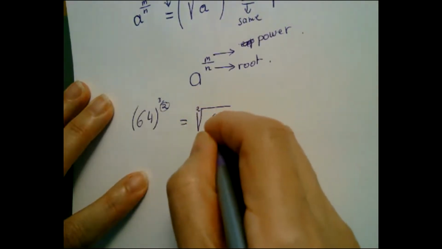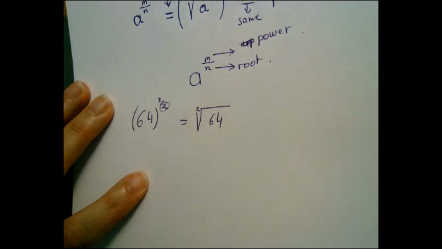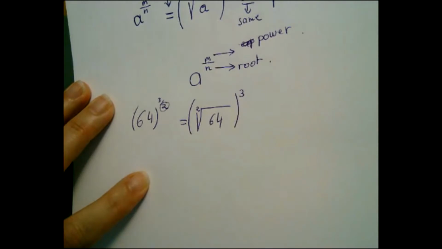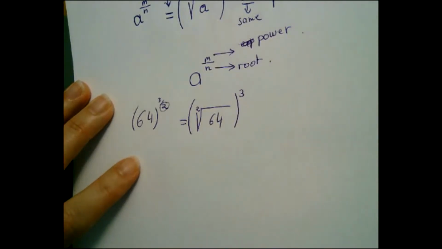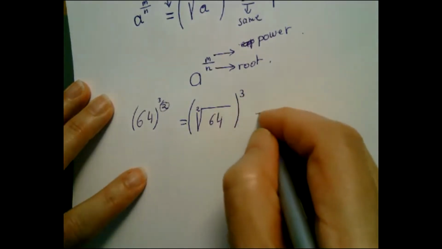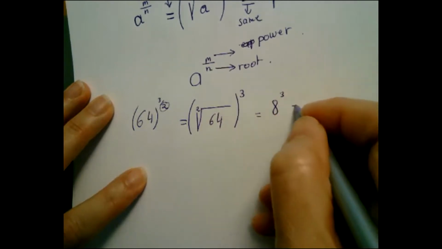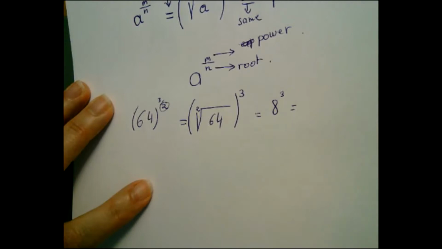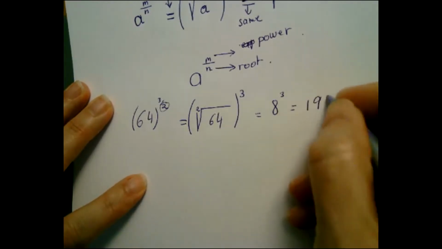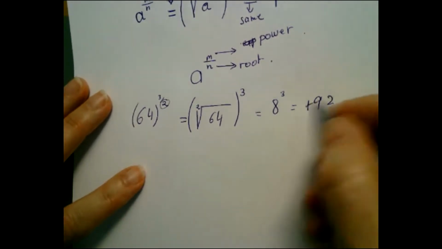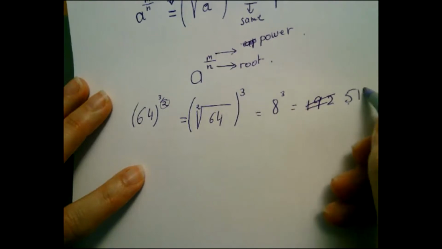So that's the square root of 64. Usually we don't write the 2. The whole thing raised to the power 3. Now we know the square root of 64 is 8, to the power 3. I don't know how much this is. 512. Thanks. I trust you guys.